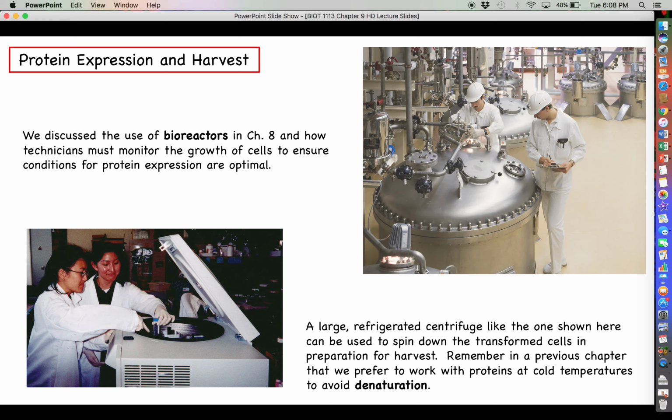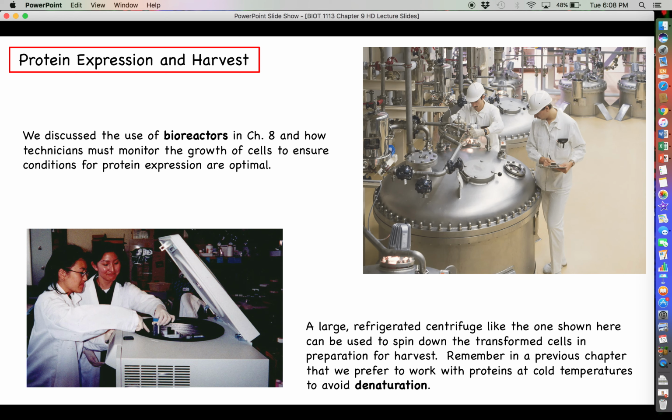And then the other thing we do not want to forget is that if we are working with proteins, we want to work at cold temperatures. In this picture, you're looking at a refrigerated centrifuge, and during the purification process, oftentimes it will be necessary to centrifuge samples to separate soluble and insoluble fractions of cell debris away from each other.